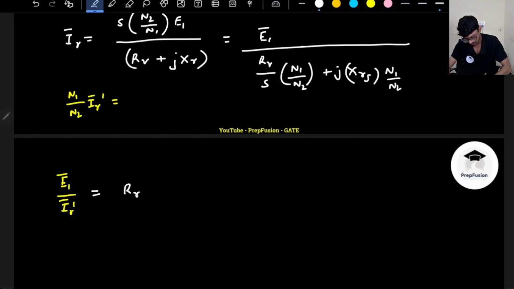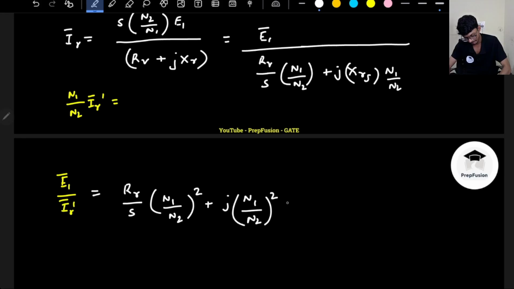So this will be RR divided by S into N1 divided by N2 whole square plus j into N1 divided by N2 whole square into XR dash.